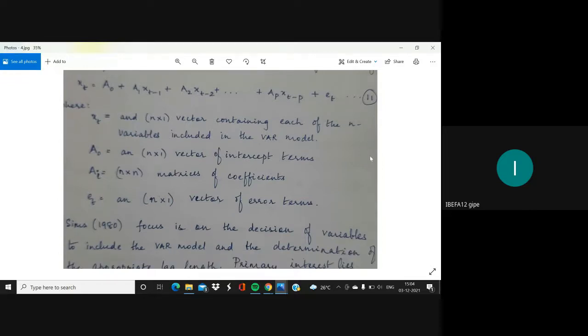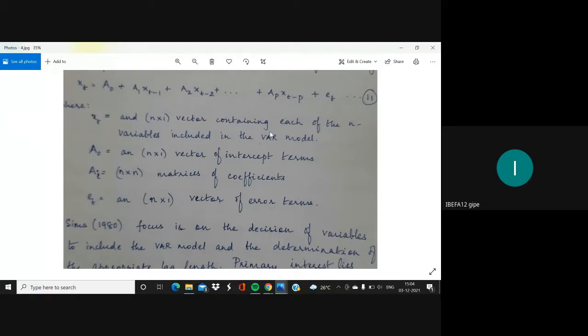Now, compared to what we've learned in ARIMA modeling, the focus of ARIMA models is to obtain very parsimonious models, where you cut out the insignificant lags and make your model as simple as possible, including as few regressors as possible. So the principle of parsimony is very important in ARIMA models, or when you're using the Box-Jenkins methodology.